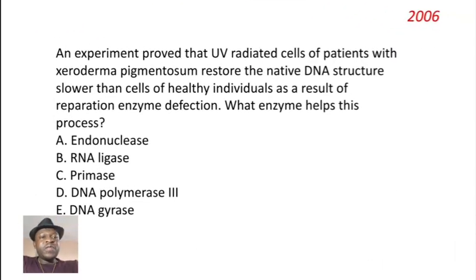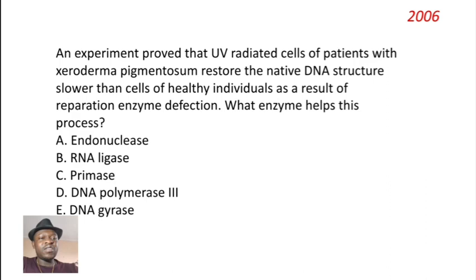An experiment proved that UV-radiated cells of patients with xeroderma pigmentosum restored the native DNA structure slower than the cells of healthy individuals, right? In healthy individuals it will be fast because of what? A specific enzyme for reparation, right?